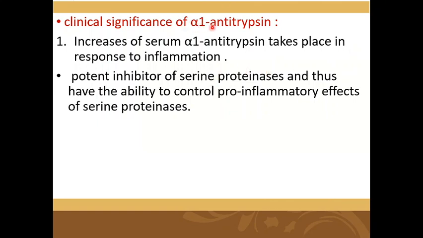What is the role of alpha-1 antitrypsin? It inhibits serine proteinase. In this way, it controls the pro-inflammatory effect of the serine proteinases.